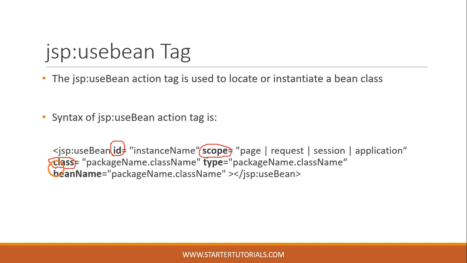I already told you, a bean is just a Java class, so here you specify where the class is. The next attribute is the type attribute, and the last one is the beanName attribute. When I am demonstrating, I will use only one attribute, called class.